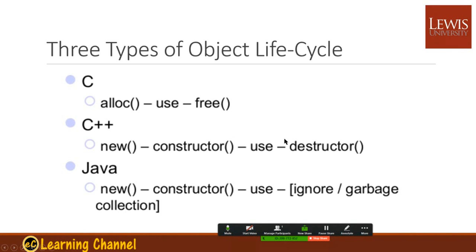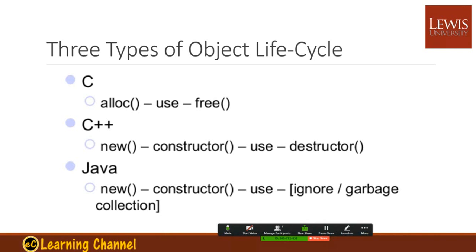C++ doesn't have garbage collection, so you cannot just park your object reference and have a garbage collector pick up the garbage, that is, the objects without reference. You cannot do that in C++.